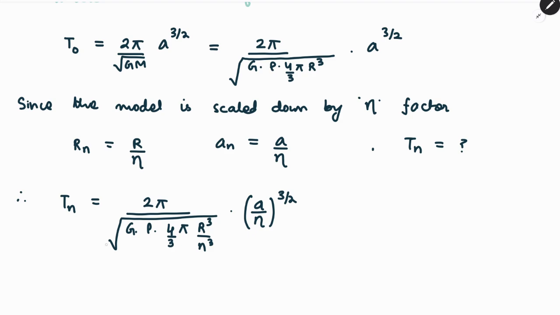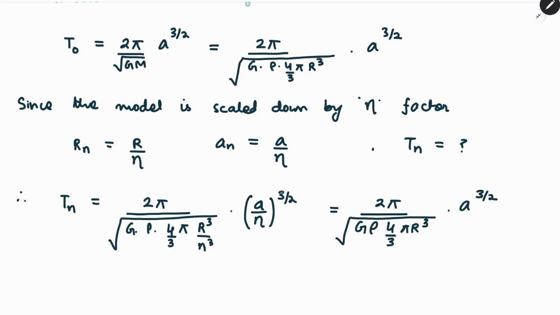So over here we can say that since this term is in square root, this will also become 3 by 2 and this is also 3 by 2. So this expression is going to take the form 2 pi root over G rho 4 by 3 pi R cube, square root, a to the power 3 by 2.